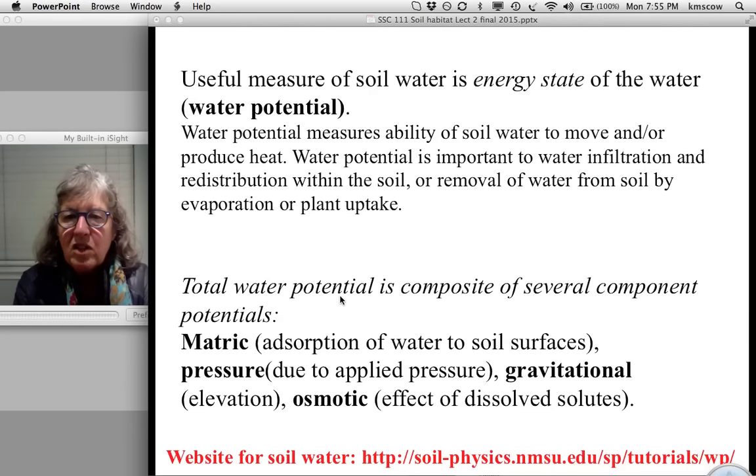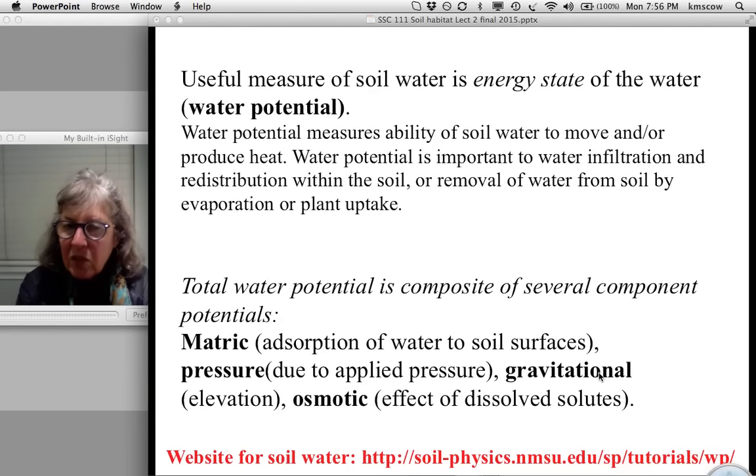And so what we call the total water potential is a composite of several component potentials. One such potential is the matrix potential, which is due to the absorption or the holding of water at soil surfaces or in soil pores. Pressure, which is due to an applied pressure, which you might have in a situation where the soil is waterlogged and you have some water standing on the surface of the soil.